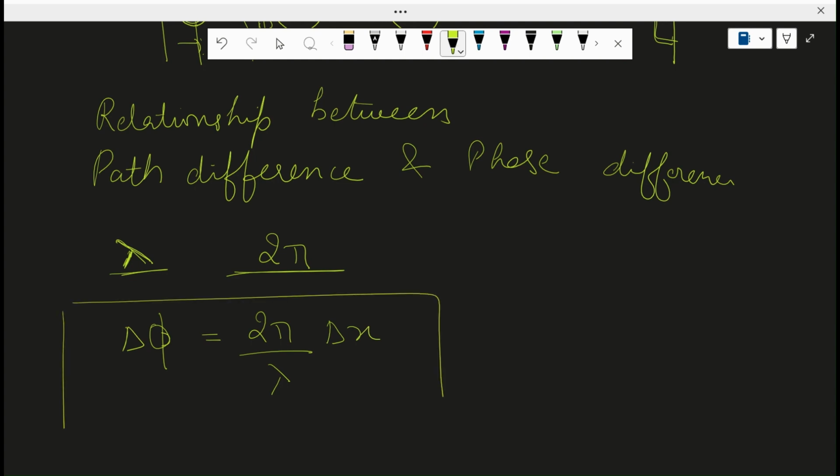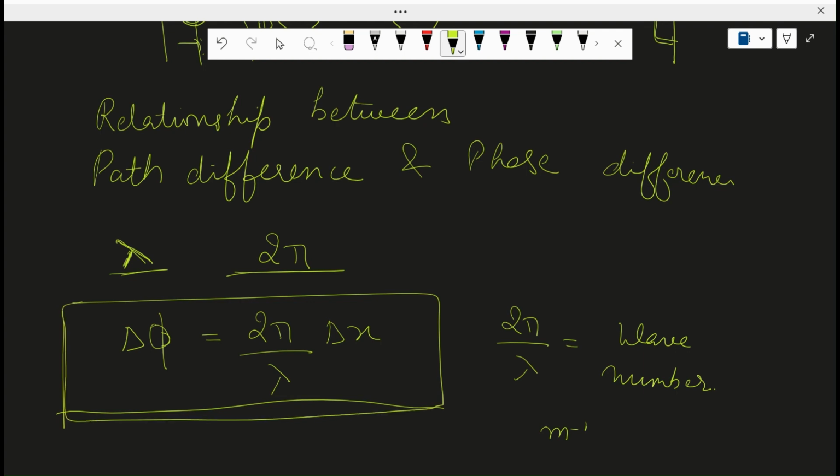So this is the relation between phase difference and path difference, where 2 pi by lambda is our wave number, right? And its unit is meter inverse, that is a length inverse unit. So this is the relation, and this was all about today, right?